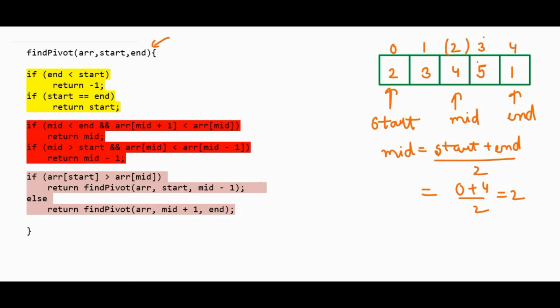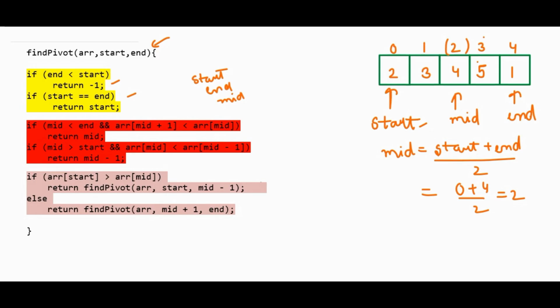Now we have to see some conditions, that if start is greater than end, we have to return -1. That means if start pointer crosses the end pointer, we have to return -1. That means there is no pivot element. And if start is equal to end, we have to return start. That means start, end, and mid all are pointing to the same element, and that will be our pivot element. So these are the two base conditions for this function.